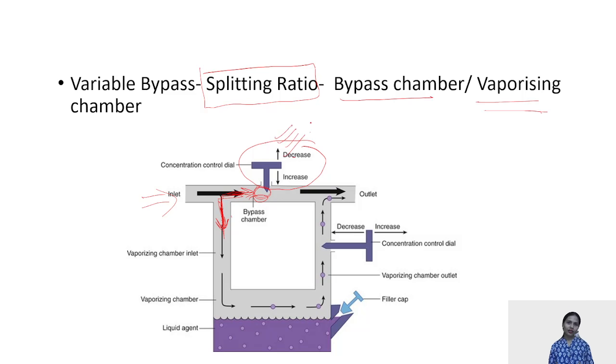Suppose in one case you had set the concentration dial to 5%, and in another case you had set it to 1%. So the bypass or the splitting ratio is going to change. For 1% you have more gas flowing through the bypass, and for 5% you'll have less gas flowing through the bypass, right? So that is the splitting ratio, bypass chamber over your vaporizing chamber. I hope it is clear.